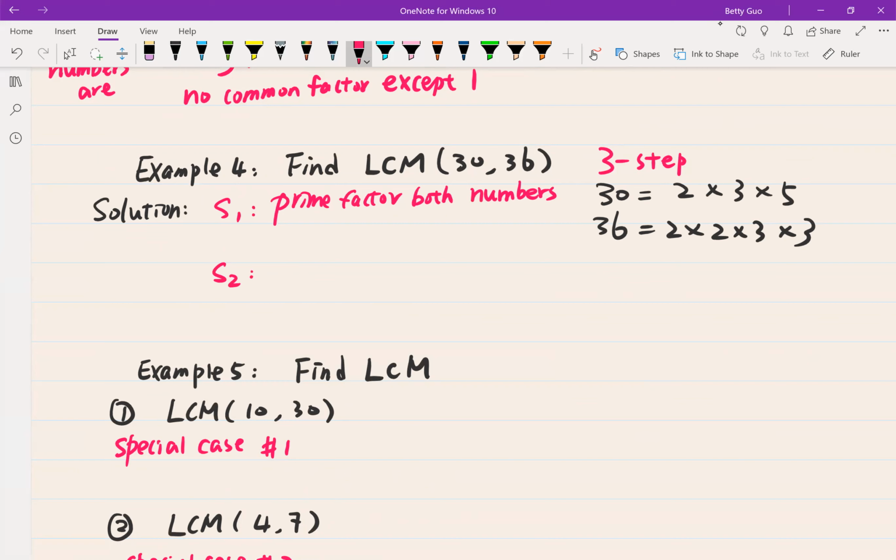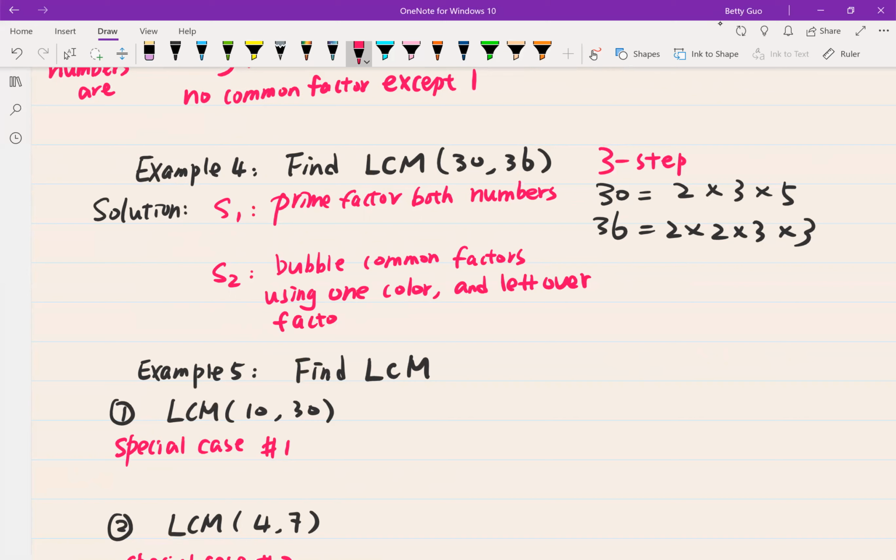Step 2, bubble common factors using one color and leftover factors with a different color. So here I'm going to use the color red to bubble the common factors.